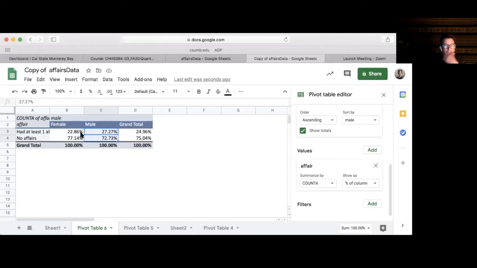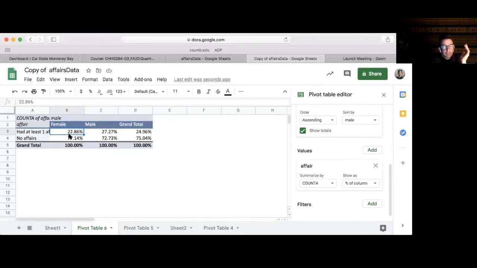And when we look at the numbers, well, this is a 2x2 table. It's fairly simple to do that. We see that about 27% of male respondents had at least one affair, and about 23% of female respondents had at least one affair. They're not identical.